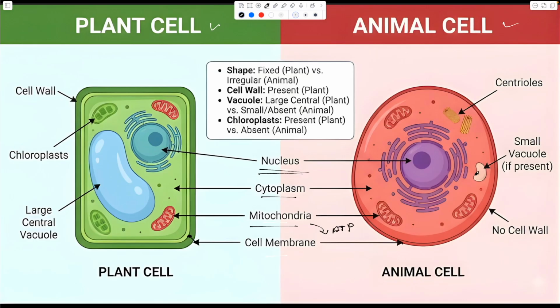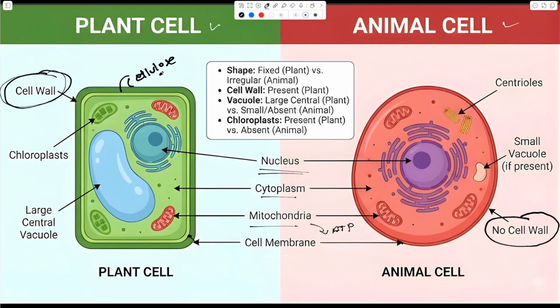Now we can see another key difference, which is the cell wall. A cell wall isn't available in animal cells, as you can see, but it is available in plant cells. In plant cells, the cell wall is made up of cellulose. You don't need to worry about this. We'll learn every structure one by one.